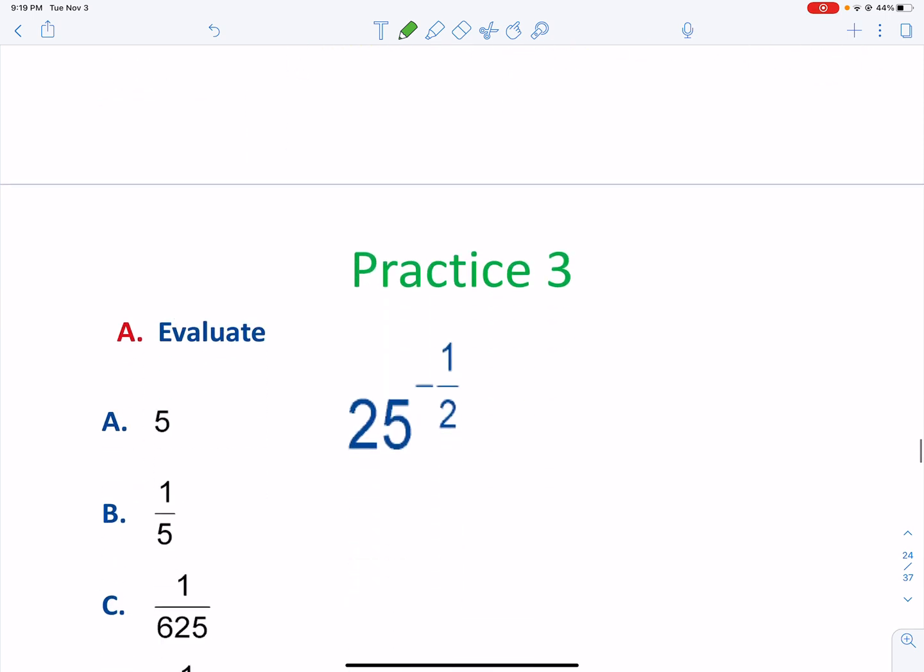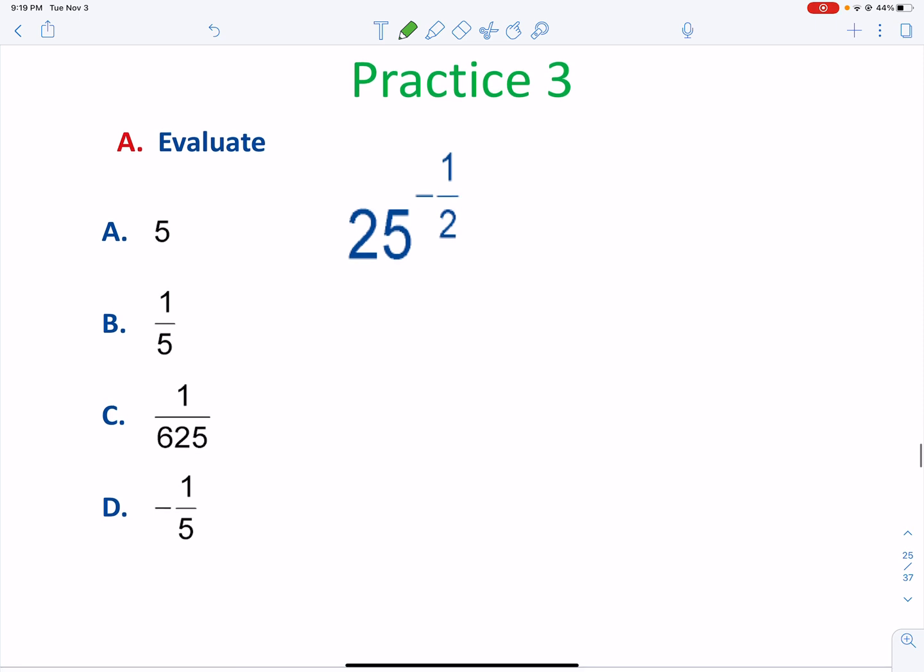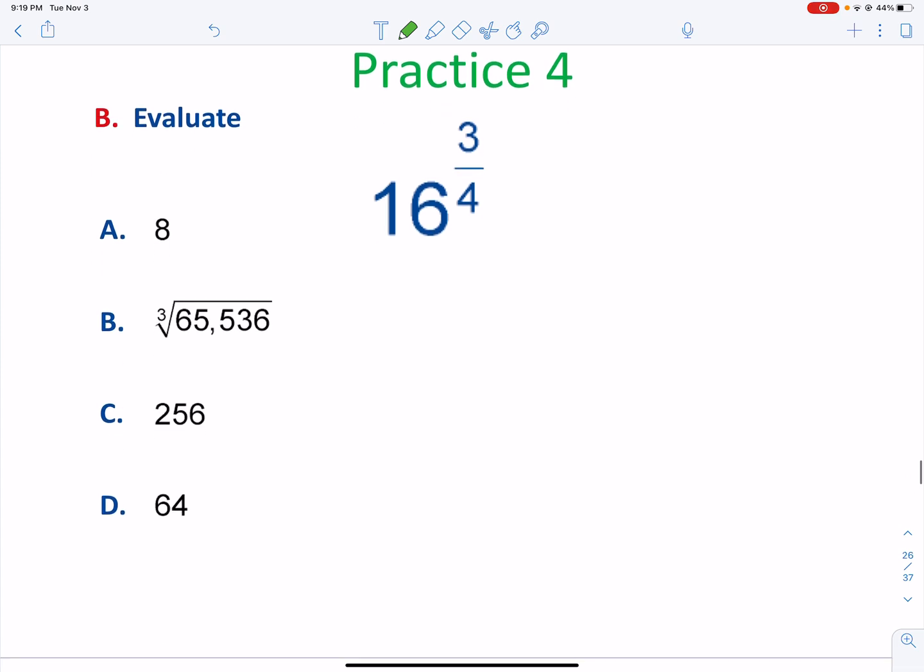Okay? So on this one, if I do 25 to the negative 1/2, I'm asking you to take the square root of 25. That's what this 2 in the denominator means. But it's a negative, so the square root of 25 is 5, but then the negative sign makes me flip it, so my answer is 1/5. And then on this one, I have no idea what 16 cubed is.